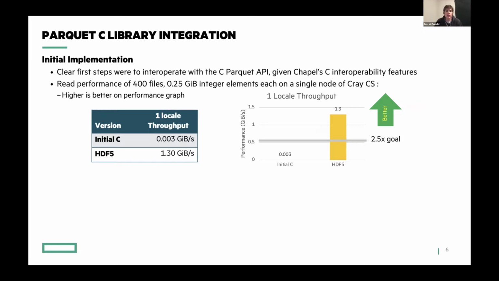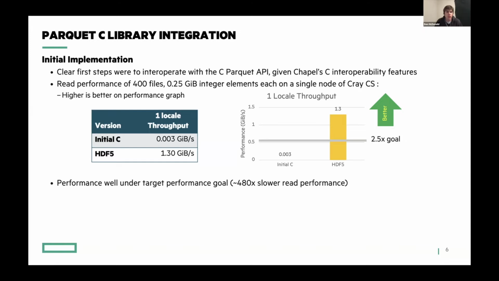It's a performance graph, so higher is better, and you'll notice that the C implementation isn't quite showing up on this graph because it was performing so much worse, almost 500 times worse than HDF5 with this initial implementation. That 480x below HDF5 was well below our 2.5x goal that we had set for Parquet IO performance.